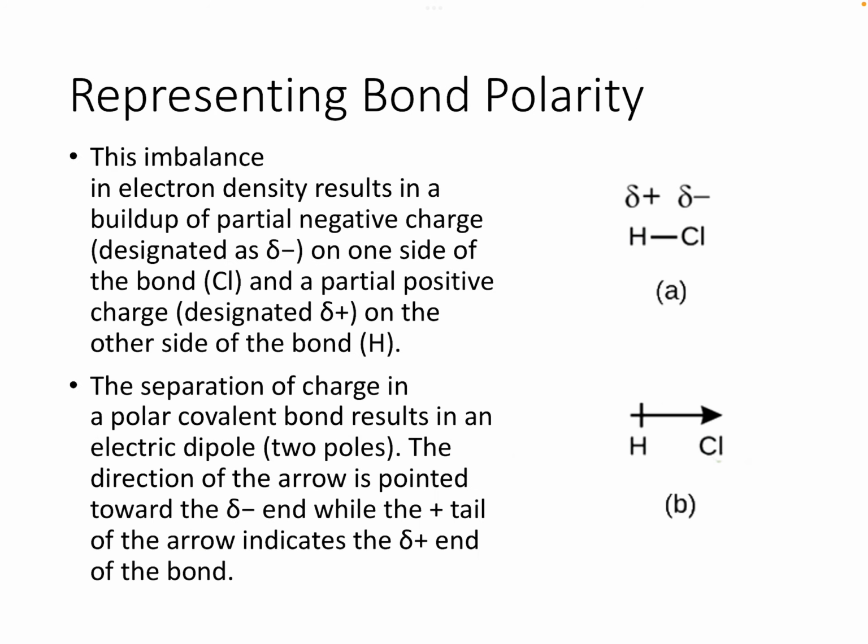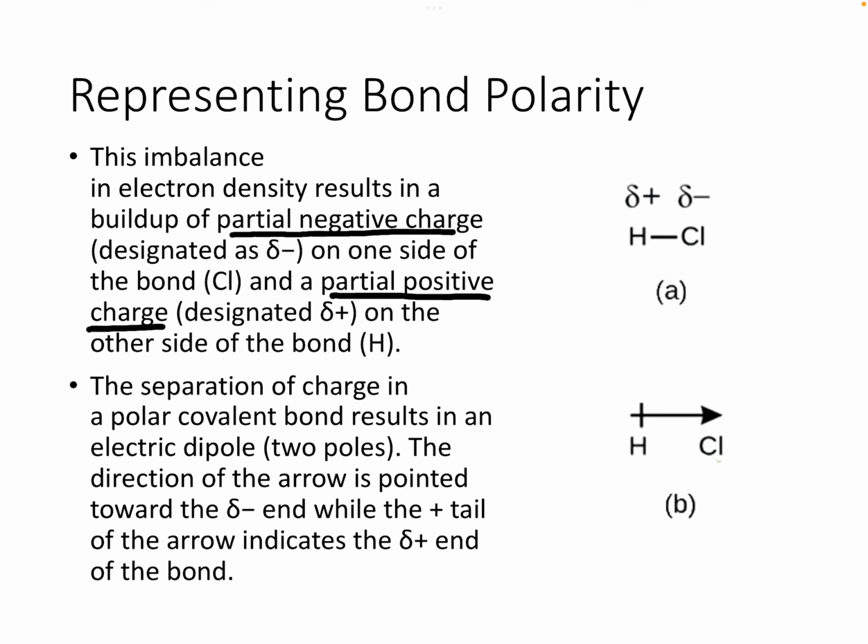So how do we represent that difference in electron sharing? The imbalance in electron density results in a buildup of partial negative charge on one side of the bond and a partial positive charge on the other side of the bond. So if electrons are hanging out with chlorine more often, that means there's more negative charge on chlorine's side of the molecule.